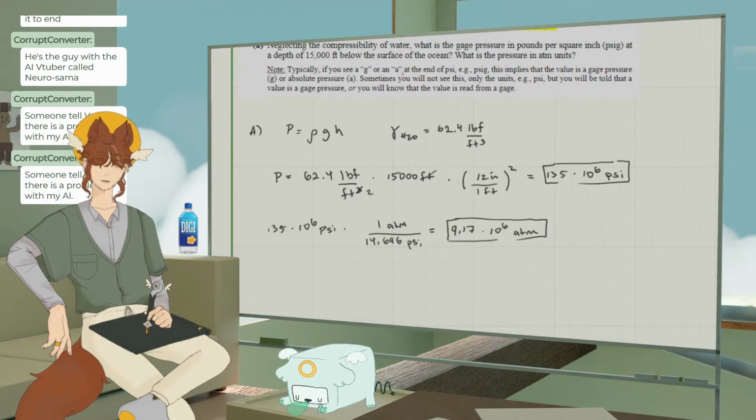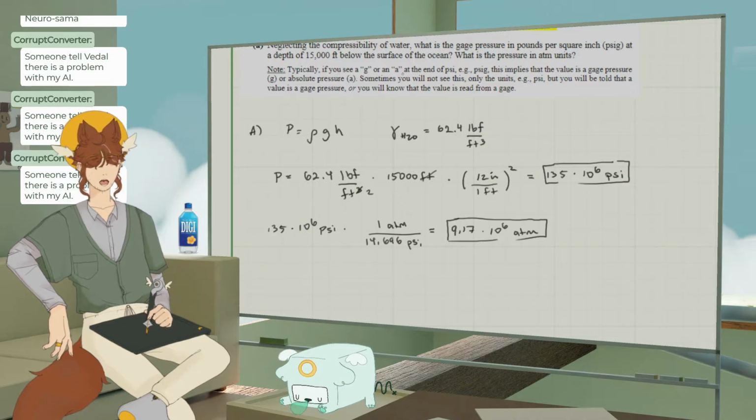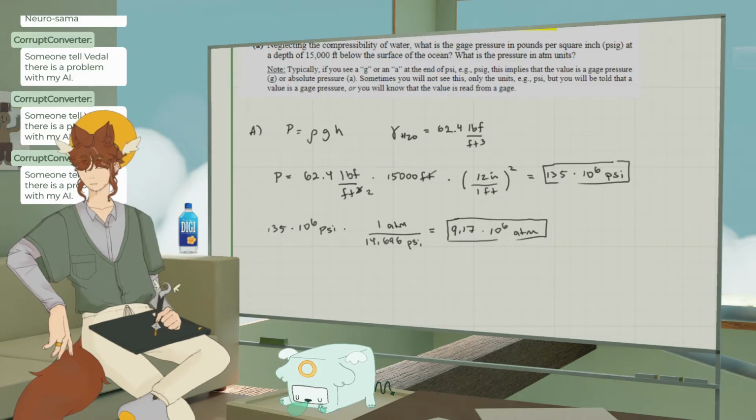It's not pounds, it's not gonna be pounds mass. Like way too high. You would be so crushed. Humanity would not be having a good time going down that deep, going down 3 miles was that much. Let me check.